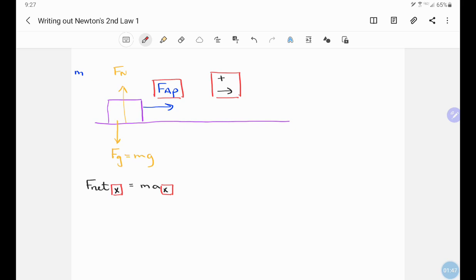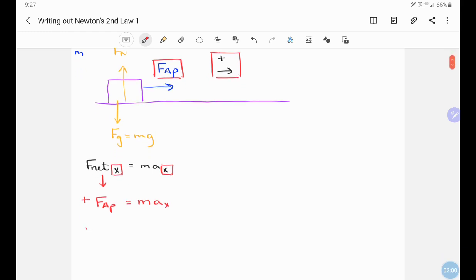As a result, when I go to write out F net x, it is a positive applied force, which is equal to mass times acceleration in the x direction. And as a result, acceleration in the x direction is equal to F_AP divided by m.